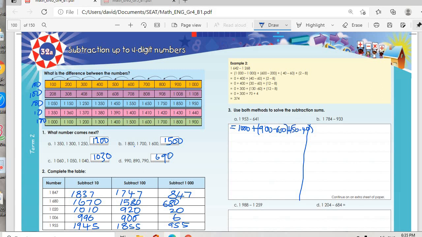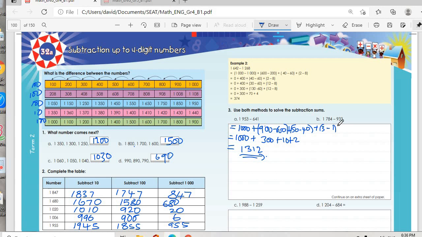Okay, or else let me just do it and then erase later. Then plus 3 minus 1. Okay, then we say 1000 plus 900 minus 600 is 300. Then plus 10 plus 2. So the answer is gonna be 1312. That's what we have there.